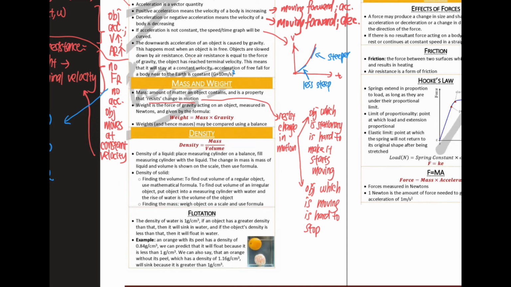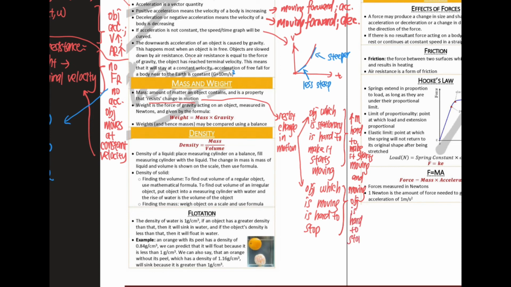So from here you have to get the idea. The idea is, if the object has high mass, it is hard to make it start moving, and a moving object is hard to stop.